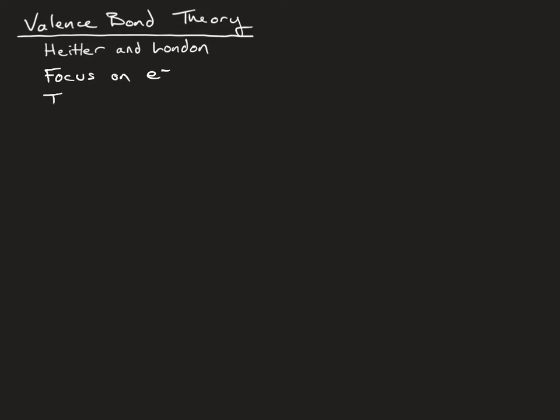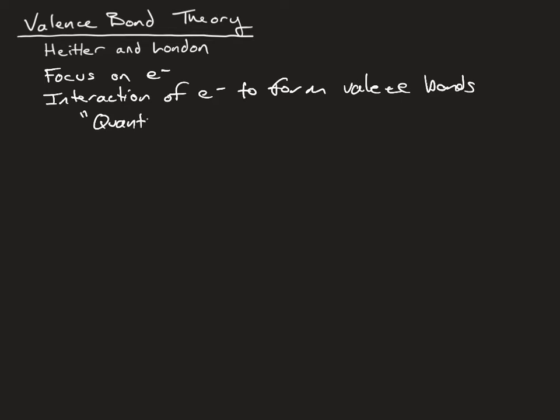It is because of this interaction of electrons to form so-called valence bonds that's given this misunderstanding of valence bond theory as simply being quantum Lewis theory.